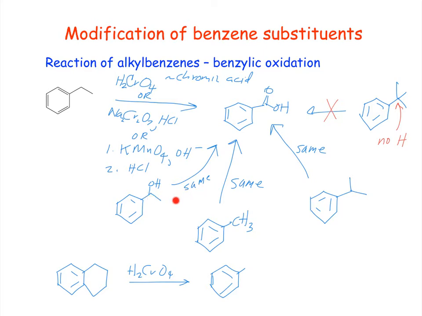Even if this was a longer chain, I showed it with ethyl, but it could be propyl or longer, and it would still oxidize at the benzylic position to give a benzoic acid. In this case, we essentially have two alkyl groups, and each of those is going to get oxidized at its benzylic position. So we're going to get a carboxylic acid at this position and another carboxylic acid at that position. So we get this dicarboxylic acid.